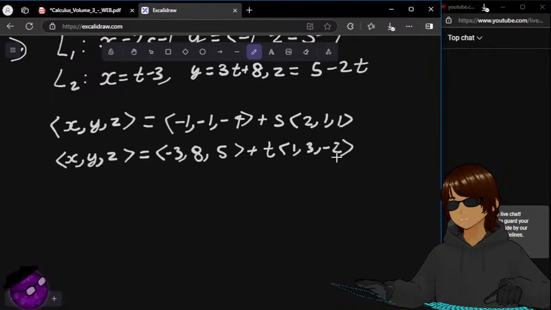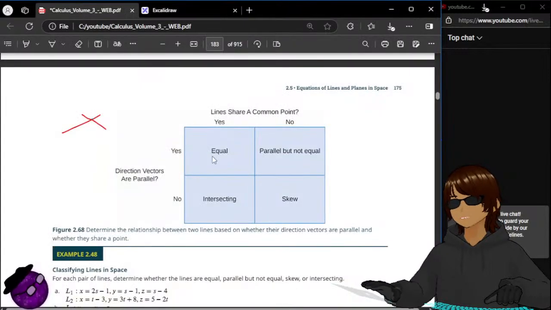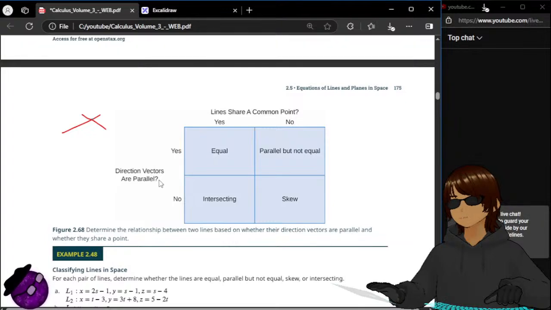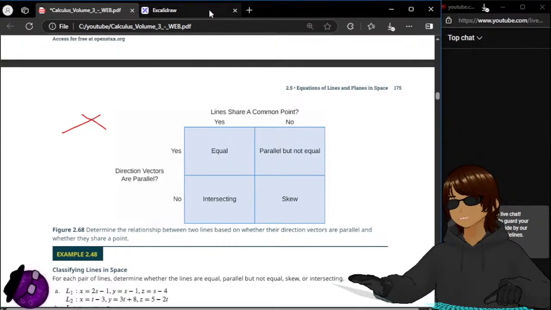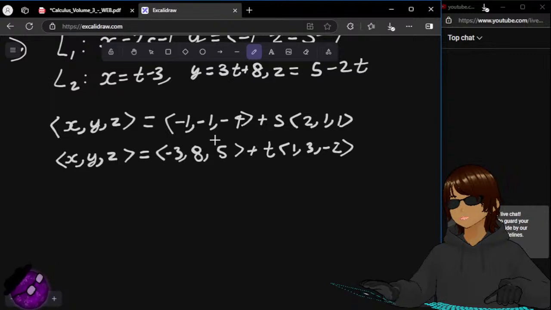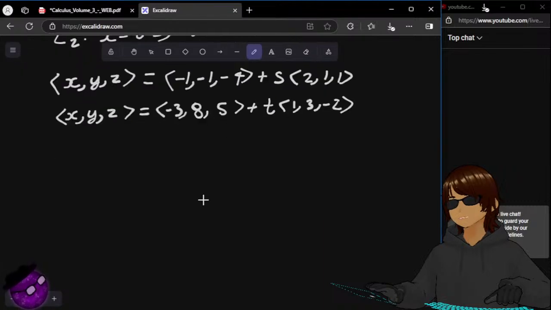Okay, so it doesn't look like the lines are parallel, so either they're intersecting or it's skew. So are they intersecting? That's the question.